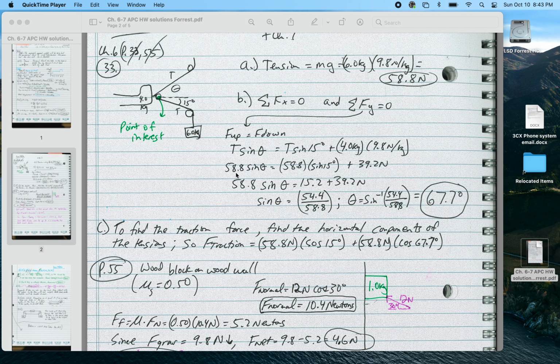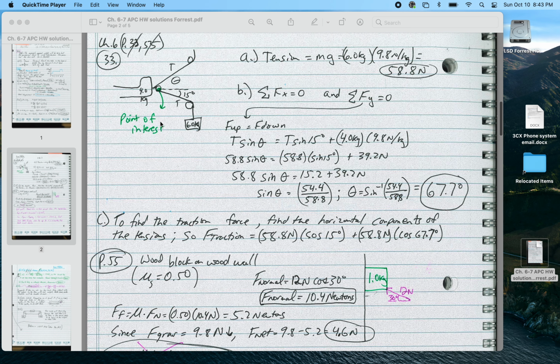We already knew that tension was 58.8 newtons from step A. So that's somewhere around 54.4 newtons. So then the sine of the angle is equal to 54.4 over 58.8. That gets me this angle of 67.7 degrees. Why is that? Because the upward force and the downward force must be equal here.